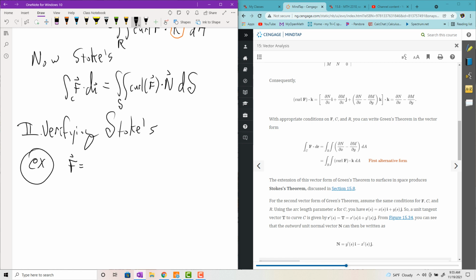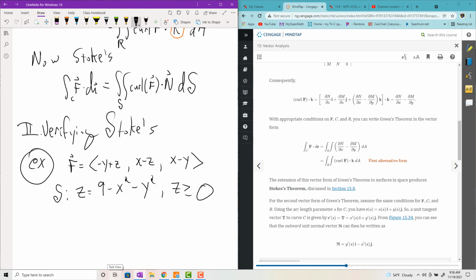My force field is negative y plus z, comma x minus z, comma x minus y. And our surface is one of these elliptic paraboloids, z equals 9 minus x squared minus y squared, and we want z to be greater than or equal to 0. So the picture of that thing is going to be like one of these objects.